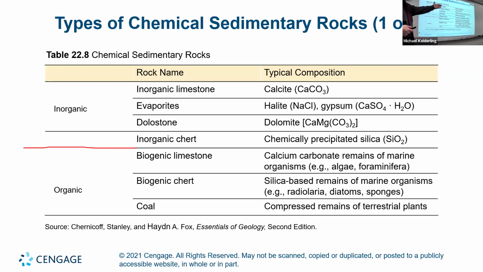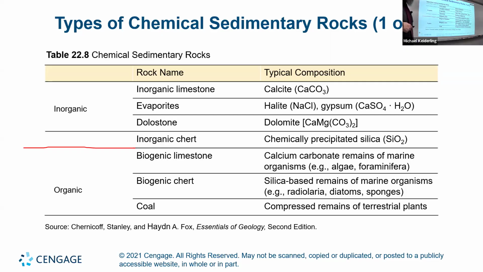There's things like halite, rock salt, gypsum, which is calcium sulfate with water. Dolostone is dolomite, which also forms calcium magnesium carbonate.